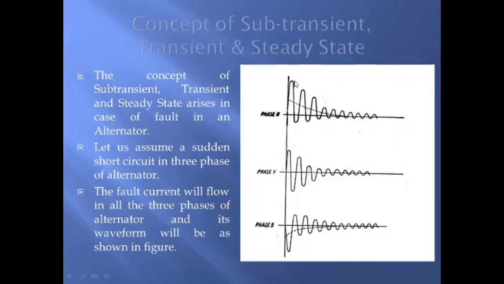So the second stage will be the current will be say 8 to 10 times or 3 to 5 times the rated current. That will be another stage, and the third stage will be steady state stage where the current will try to take its original position.